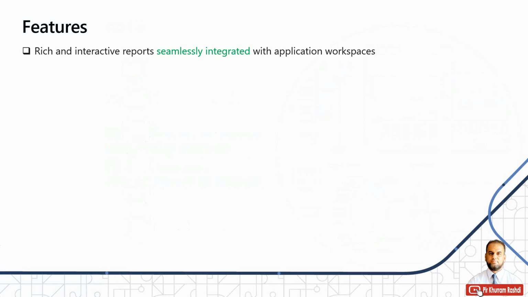The first feature is that Power BI, as you know, provides rich and interactive reports which are seamlessly integrated with application workspaces. So Power BI embedded is basically embedded or integrated with the existing application workspaces available in F&O.